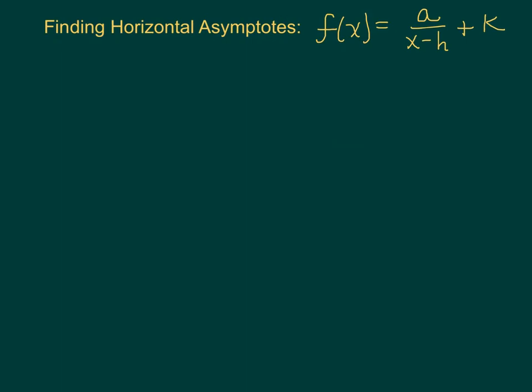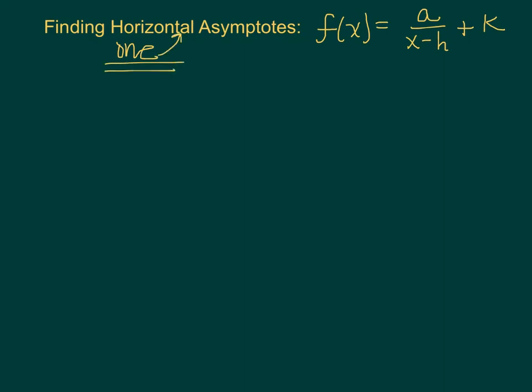Okay, finding horizontal asymptotes is a little different. Many, but not all, rational functions have horizontal asymptotes, and they can only have one horizontal, different from the vertical.